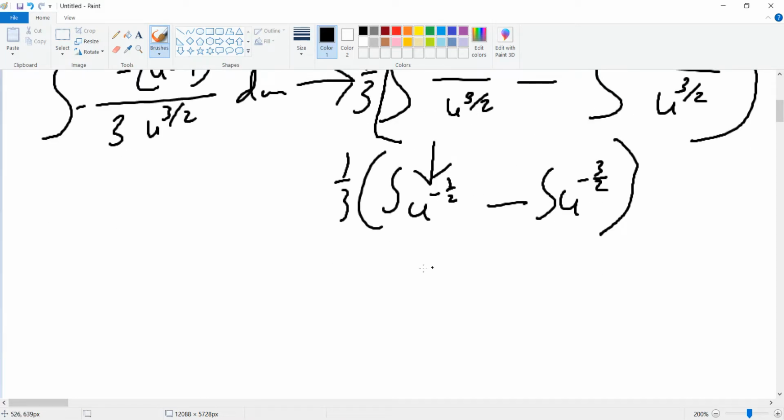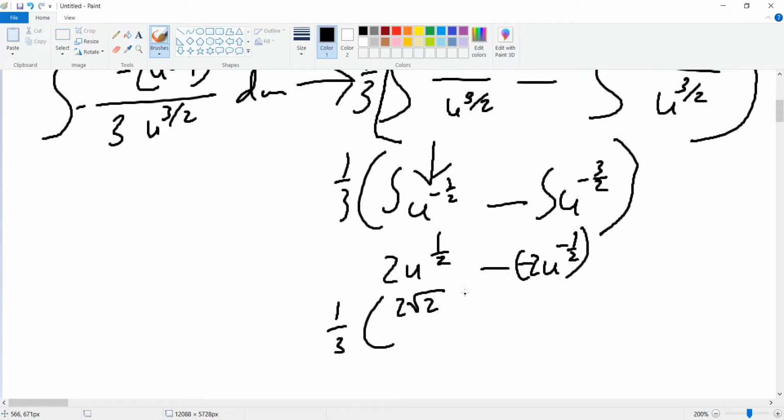Now you can actually evaluate the integrals, which would be u to the 1/2 divided by 1/2, which means you get 2, minus u to the minus 1/2 raised to the 1, and so you get a minus 2 in front, which means that you would get 1/3 times 2 square root of u plus 1 over 2... Why do I keep writing 2?